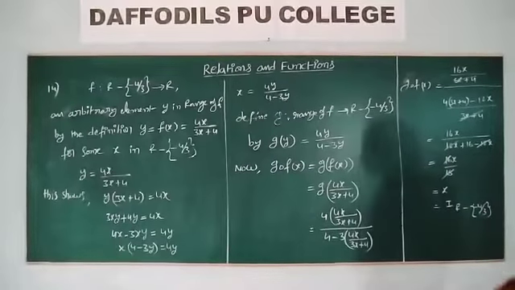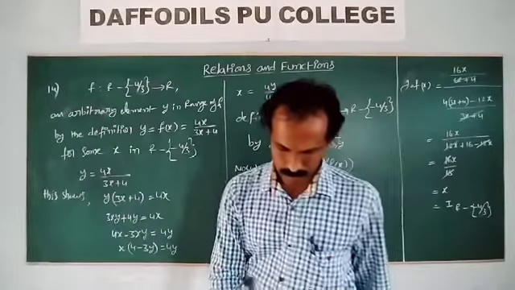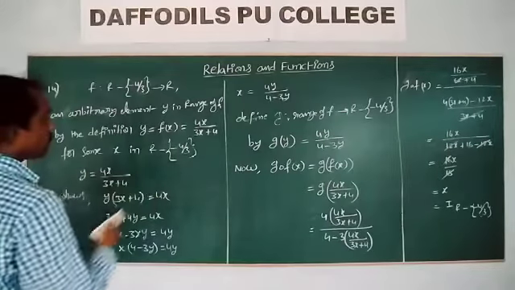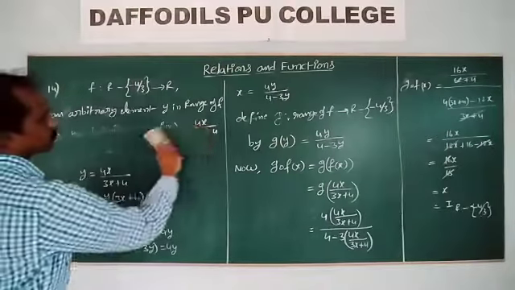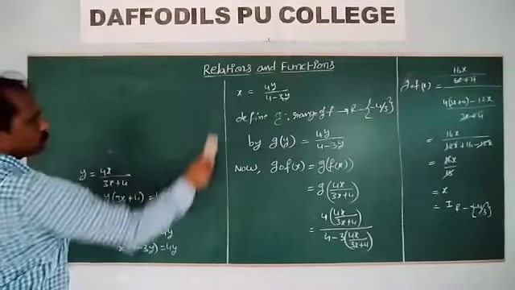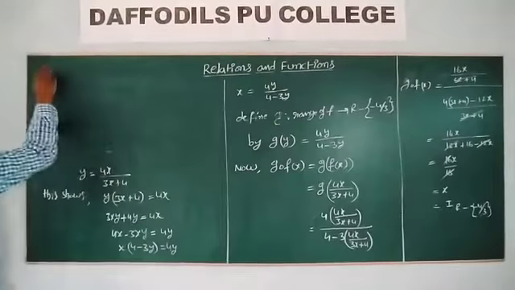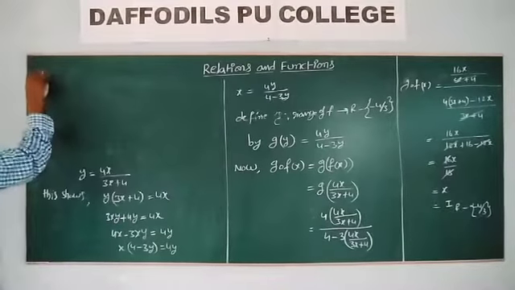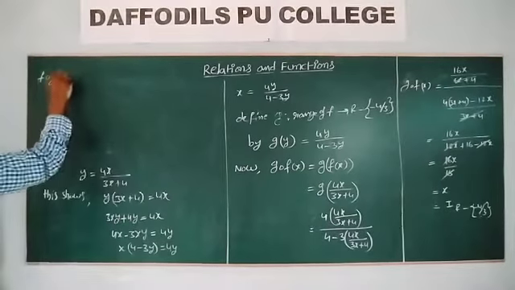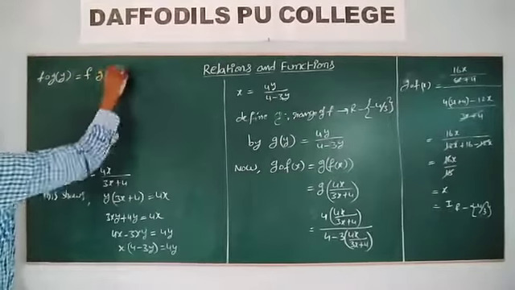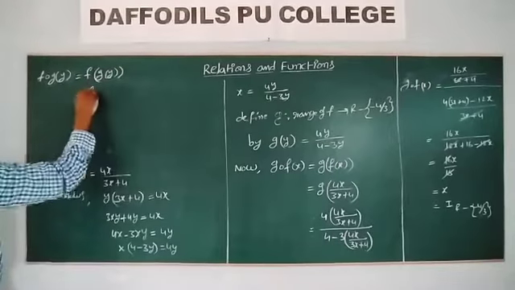Now next, what will we do? f circle g. f circle g of y is f of g of y.